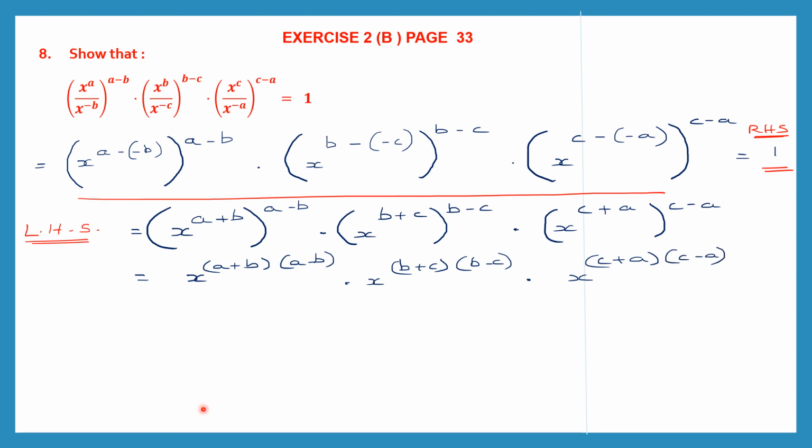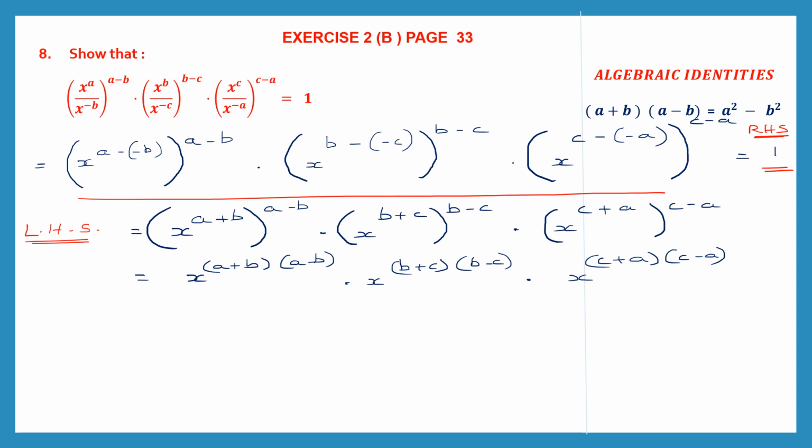Now here, since we have a plus b, a minus b, b plus c, b minus c, c plus a, c minus a, that means one is the sum, one is the product, we can apply the algebraic identities, which says a plus b into a minus b is equal to a square minus b square. So instead of solving this whole thing, taking a long time and simplifying it, straight away we can say a square minus b square.